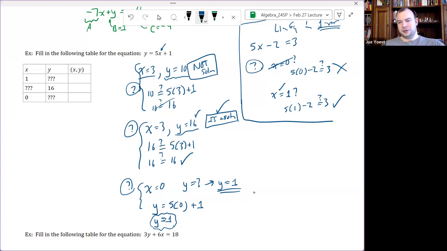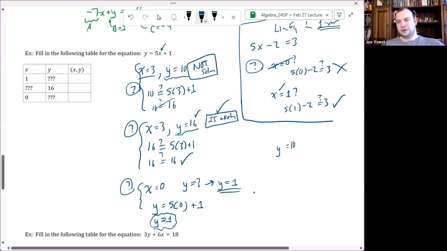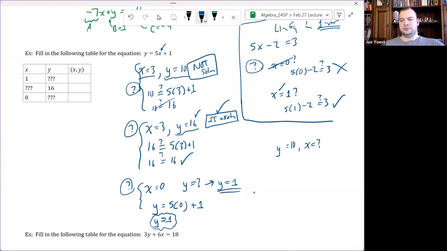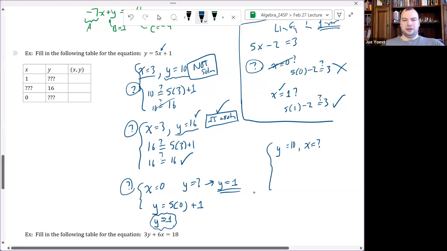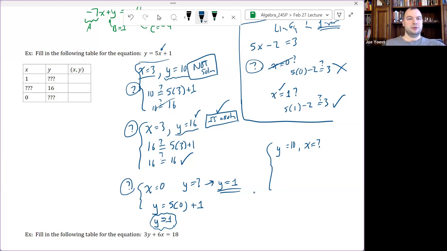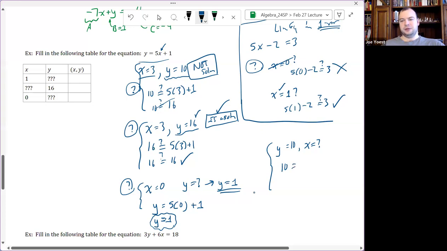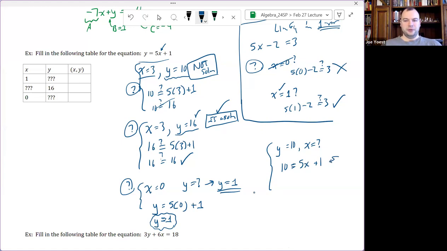Likewise, if I had chosen y equals 10, and I want to know if I plug in y equals 10, what's the value of x that would create a correct statement. So I want it to be true that 10 equals 5x plus 1. And again, note that this is a linear equation in one variable, and I know how to solve those.